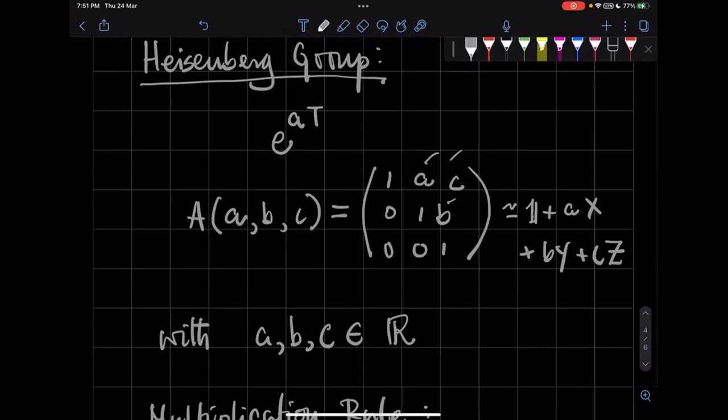Right. That's a very good point. For discrete groups, the generator is a group element or a set of group elements which, by repeatedly using them, you generate the whole group. But for Lie groups, the generator is something different. The generator is something which, by exponentiation, you get all the other group elements.